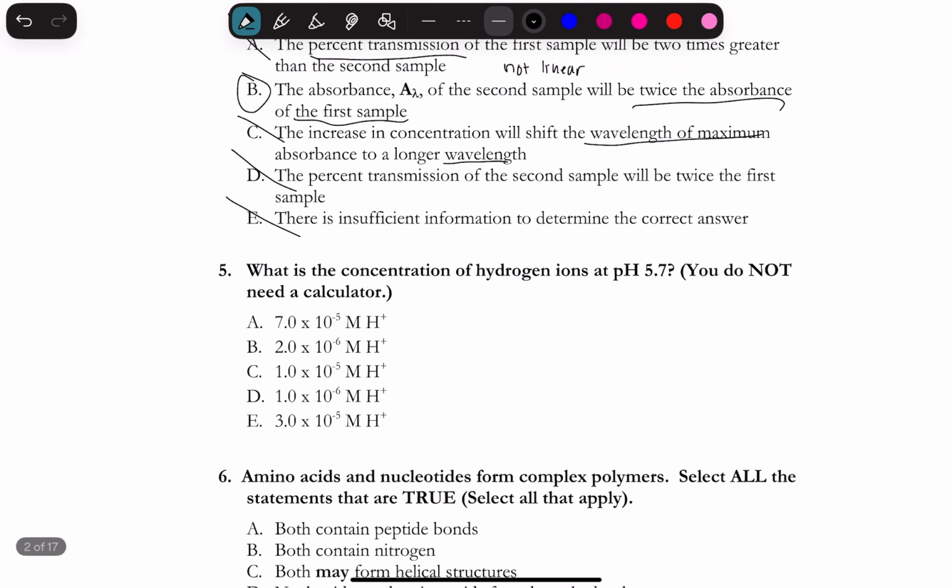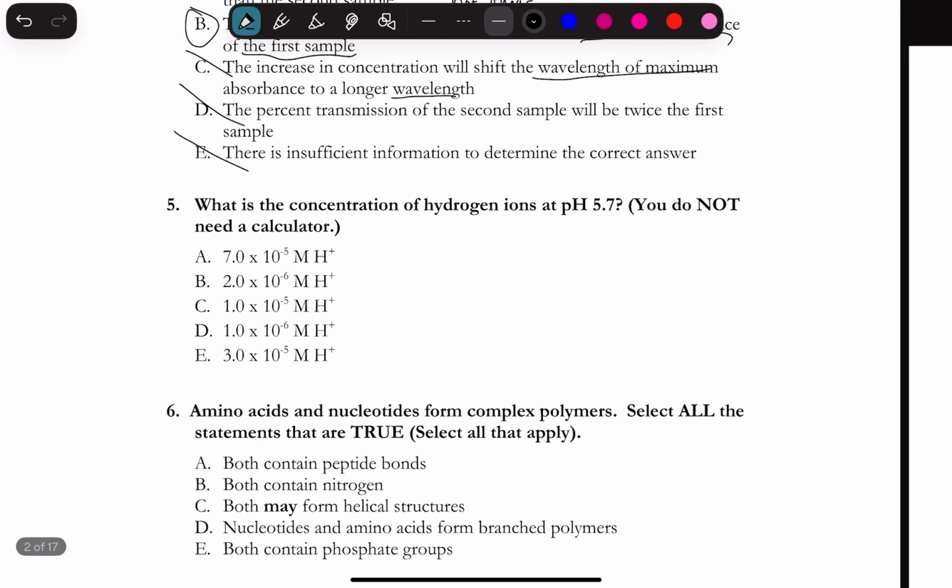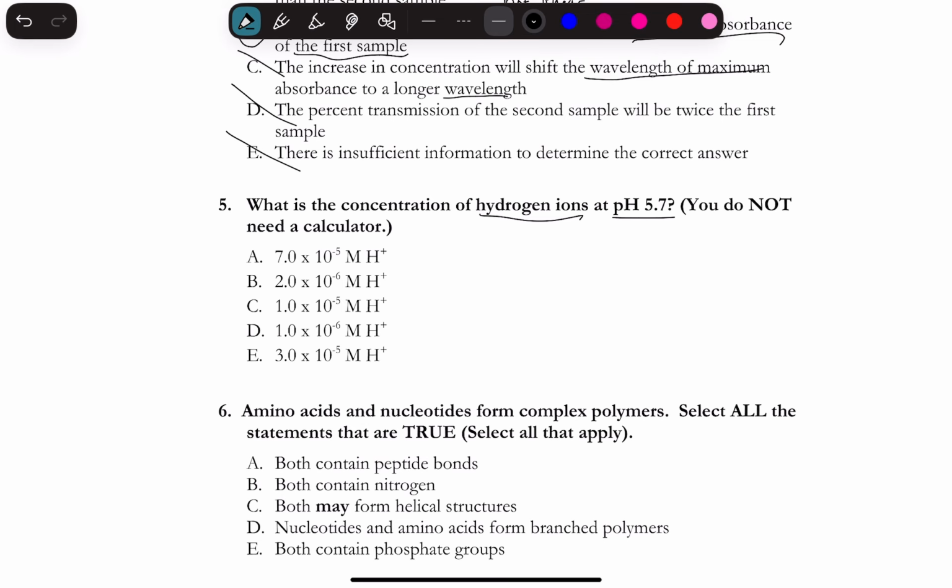Okay, so what is the concentration of hydrogen ions at a pH of 5.7? You don't need a calculator. We know that pH is equal to the negative log of the concentration of hydrogen ions, and a pH of 6 is 1 times 10 to the negative 6.